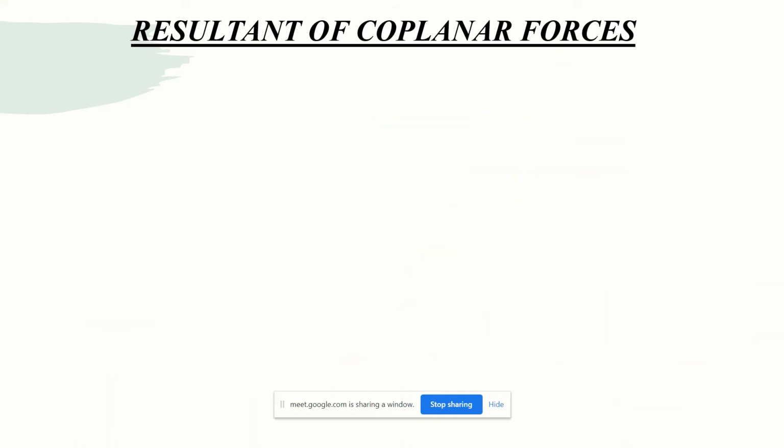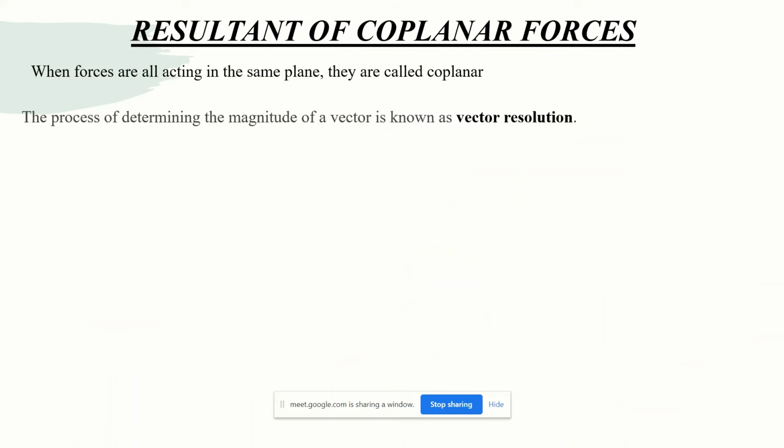Next is what we call the resultant of coplanar forces. When forces are acting in the same plane, they are called coplanar. Now, co, and we have planar.